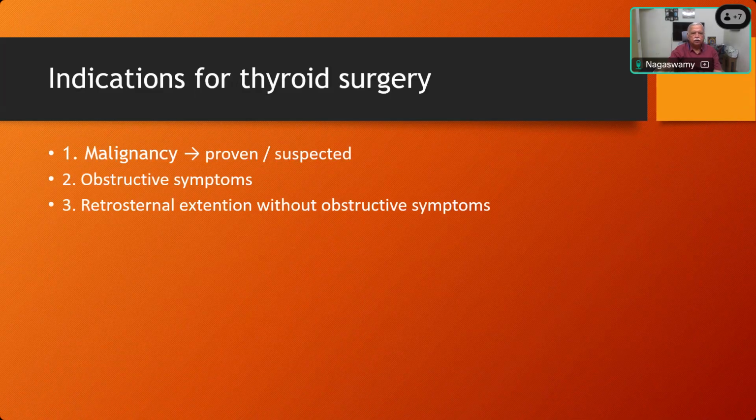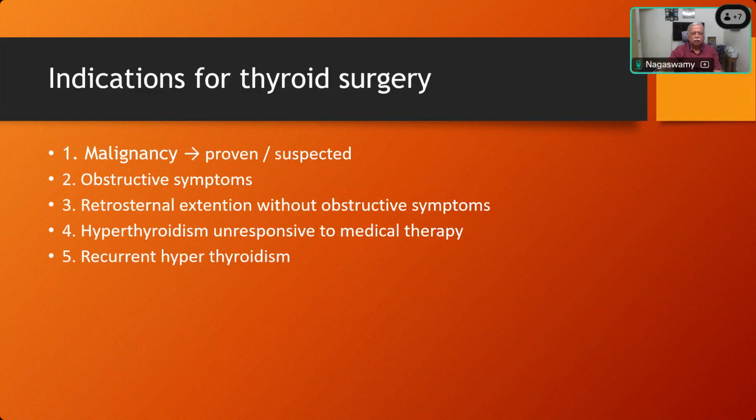And the indications for thyroid surgery: malignancy or thyroid gland with obstructive symptoms, retrosternal extension with obstruction, hyperthyroidism which is not responding to medical therapy, or recurrent hyperthyroidism. It may be for cosmetic purpose or patient's anxiety.